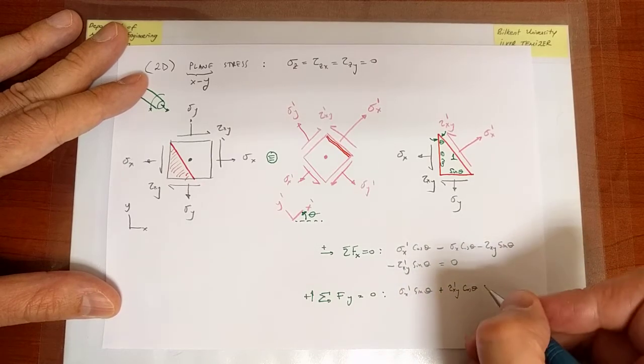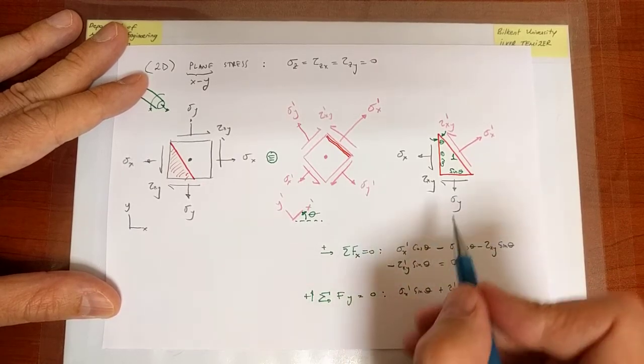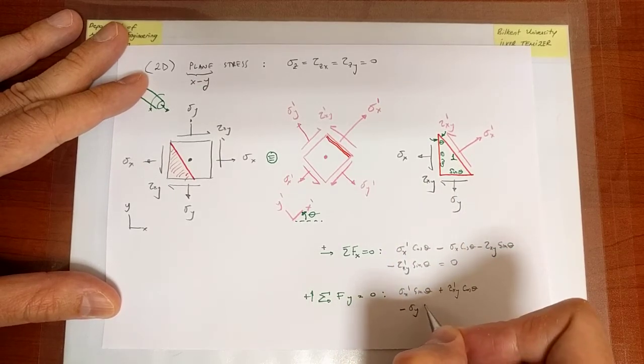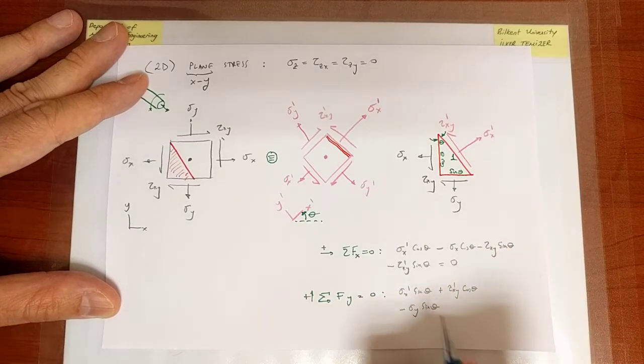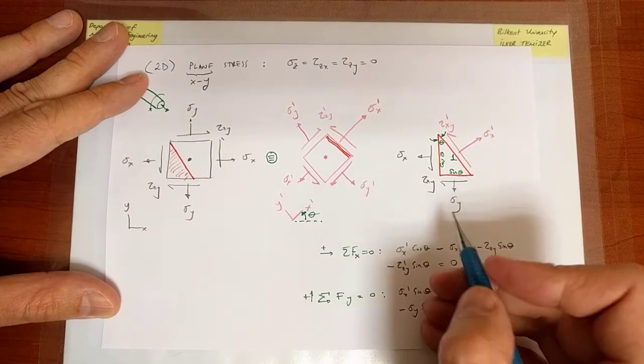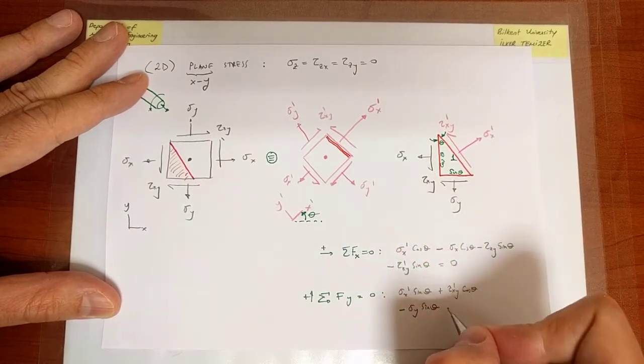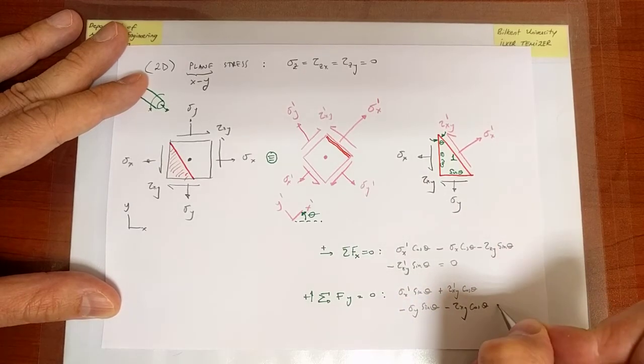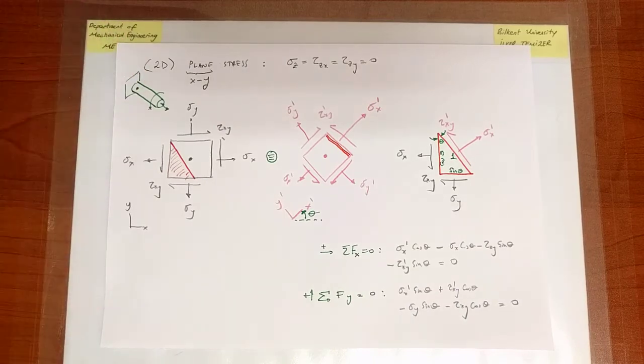And then there will be a contribution from sigma y, so minus sigma y. The area is sine theta times 1, again unit thickness. And then there will be a contribution from tau xy, minus tau xy multiplying cosine theta. Okay, everything should sum up to 0.